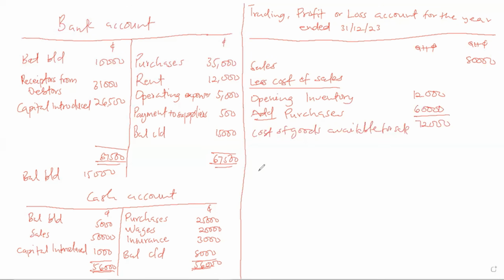Then we less our closing inventory, and our closing inventory in the question is 14,000. So when we less our closing inventory, we have 58,000.